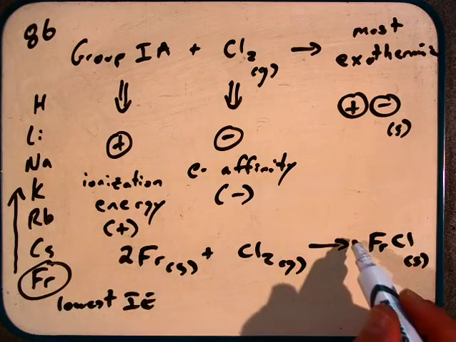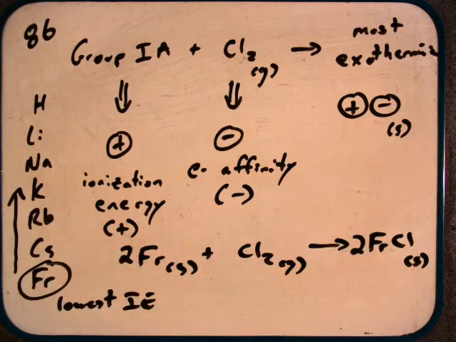And if we balance this out by putting a 2, we have our balanced chemical reaction for francium reacting with chlorine gas, which would be the most exothermic reaction of all the group 1A metals and chlorine gas reacting together. That is number 86.